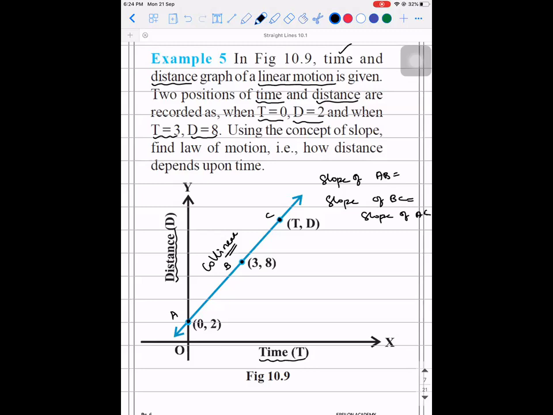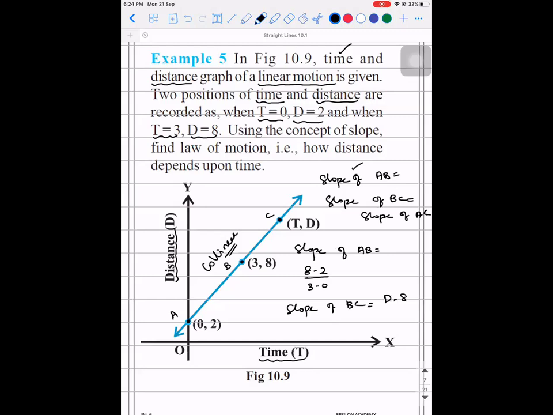You can take anything. So what is the slope of AB? 8 minus 2 by 3 minus 0. That's right. What is the slope of BC?